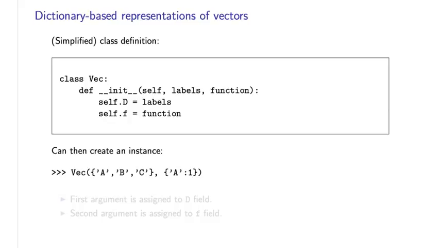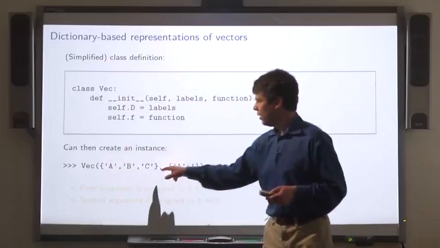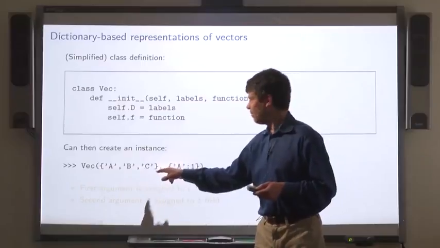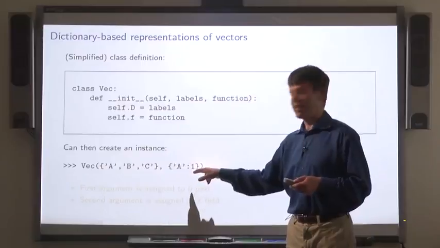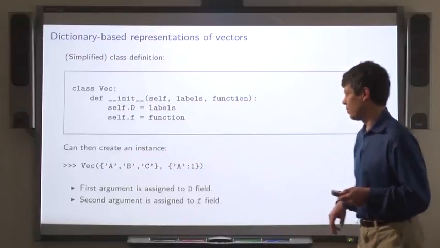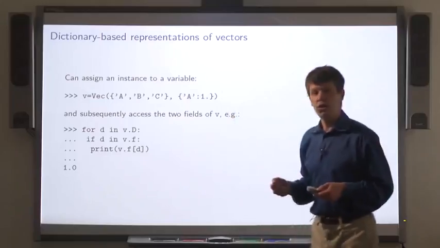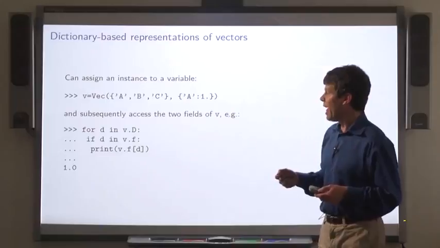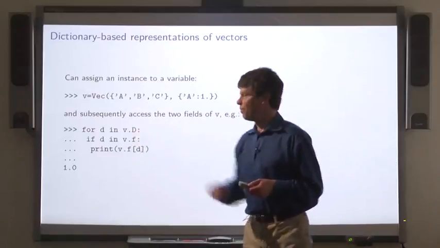We can use this to create an instance by supplying two arguments, the set, the domain D, and the function f, represented as a dictionary. Now, we can assign this vector to a variable and access the two fields of v using a dot notation.